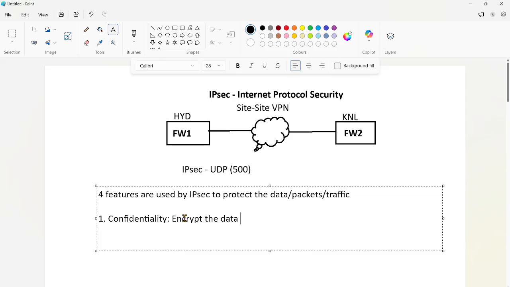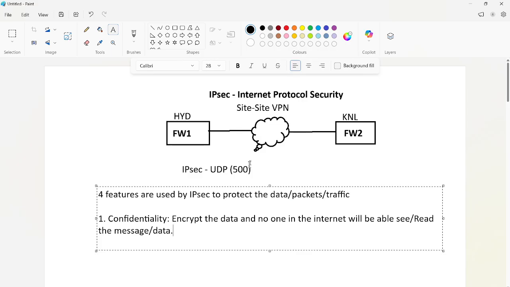Once it is leaving the firewall, it is going to encrypt the data, and once it is encrypted, no one on the internet will be able to see or read the message or the data.